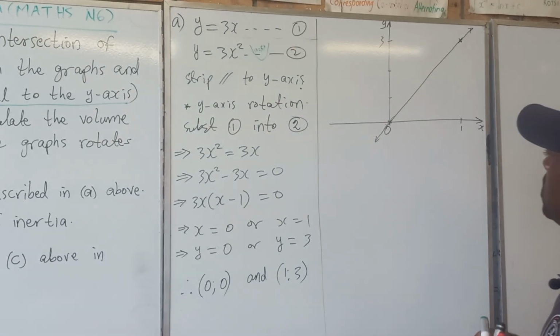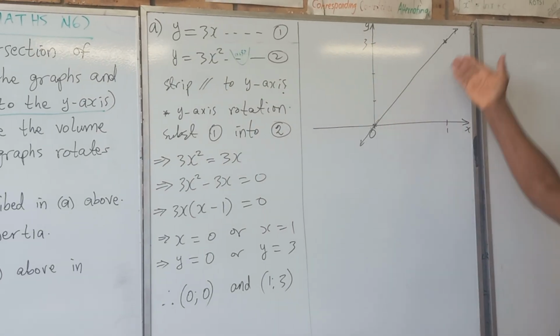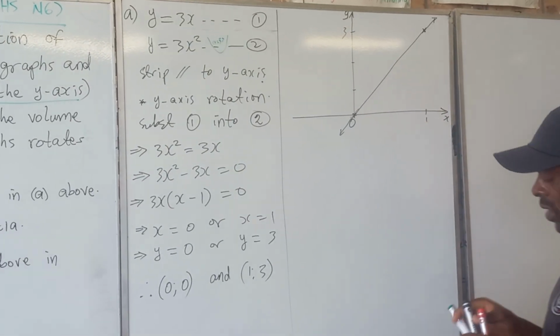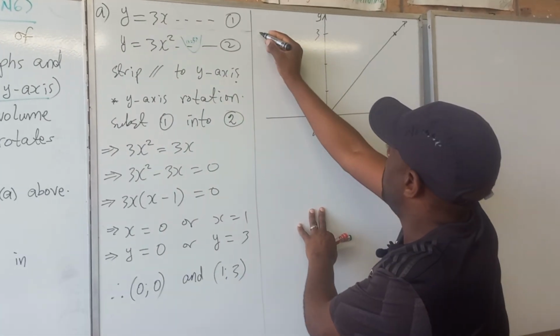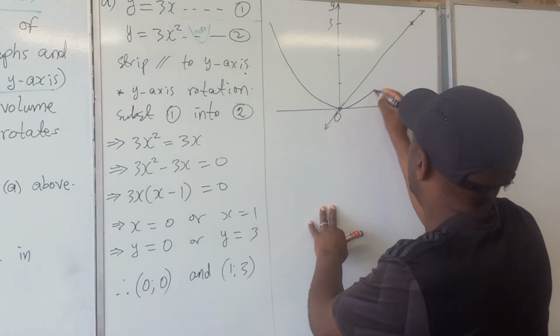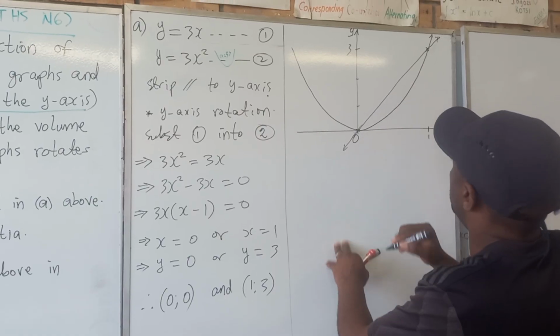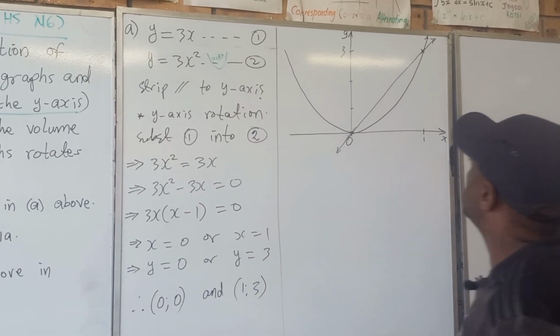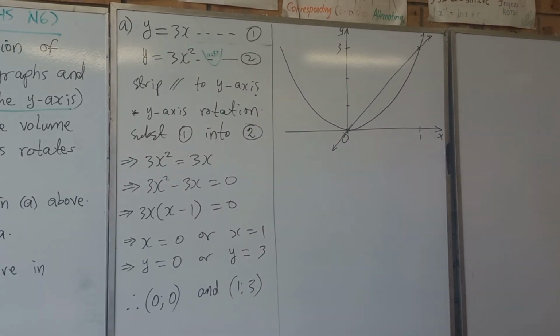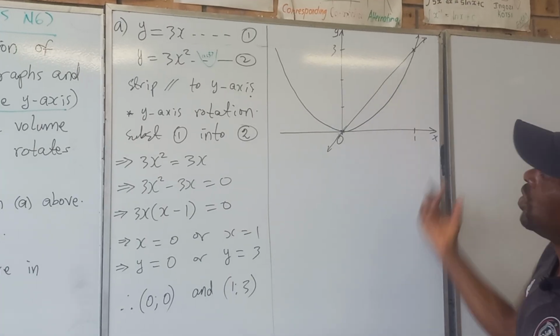So all it does is it moves like that through the points of intersection. So I'm putting my sketch, making sure it passes through the points of intersection. So there is my sketch. So it shows the region between the 2 graphs.